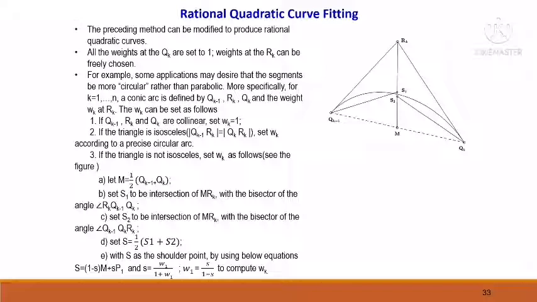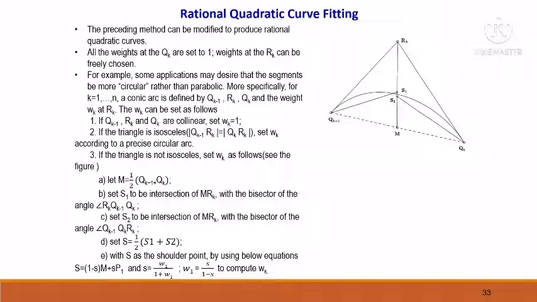The procedure can be followed step by step by seeing the figure over there. Let m equal to half of qk minus 1 plus qk. Set S1 to be the intersection of MRk with the bisector of the angle Rk Qk minus 1 Qk, and set S2 to be the intersection of MRk with the bisector of the angle Qk minus 1 Qk Rk.